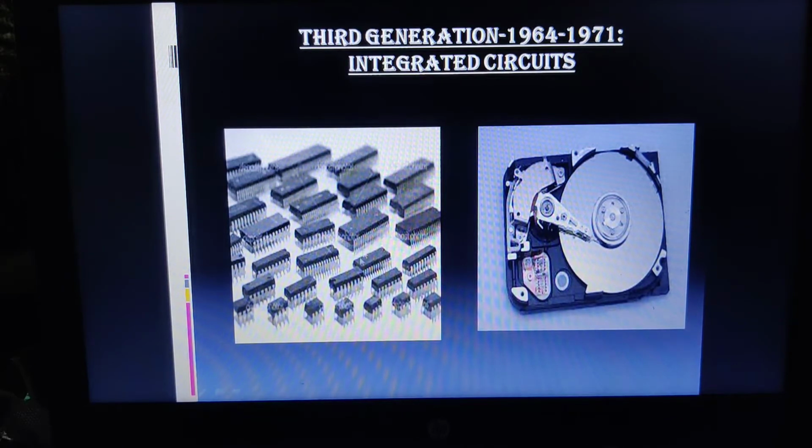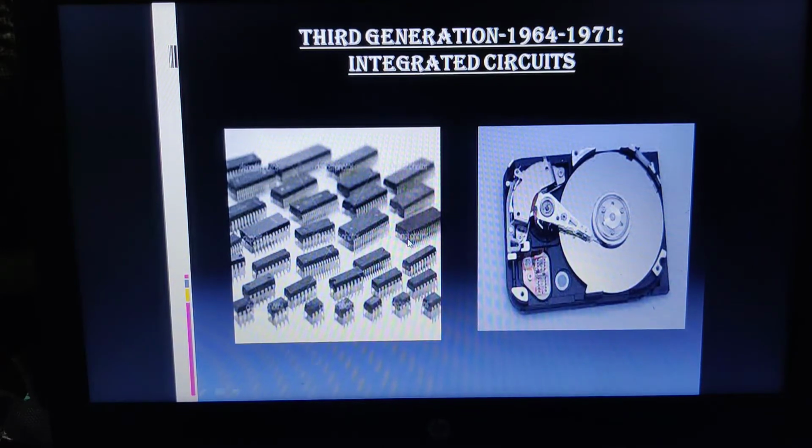Because of using these ICs, systems dramatically increased their speed and efficiency, and the computers were more reliable compared to the first and the second generation computers. Okay, an engineer known as Jack Kilby, who was working with the Texas Instruments company, developed these integrated circuits.